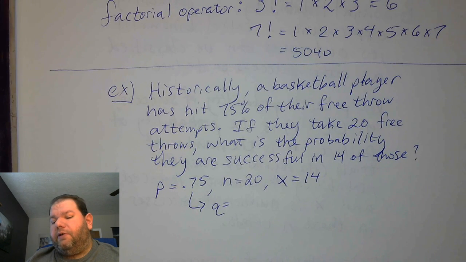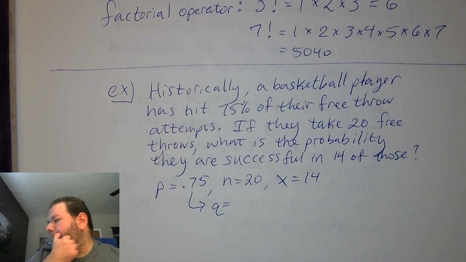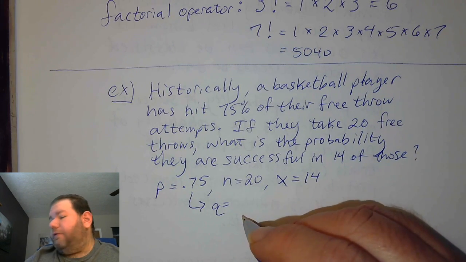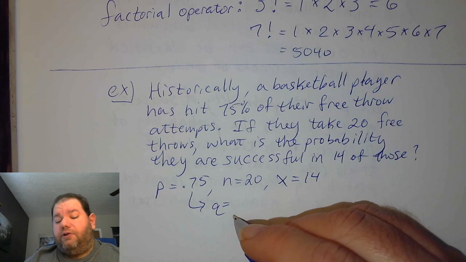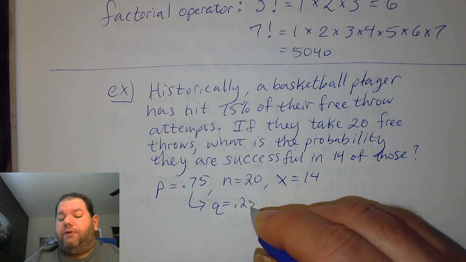If 75% is our success rate, then what is our failure rate? Okay, well, a 75% chance of success will be a 25% chance of failure, so q will be 0.25.